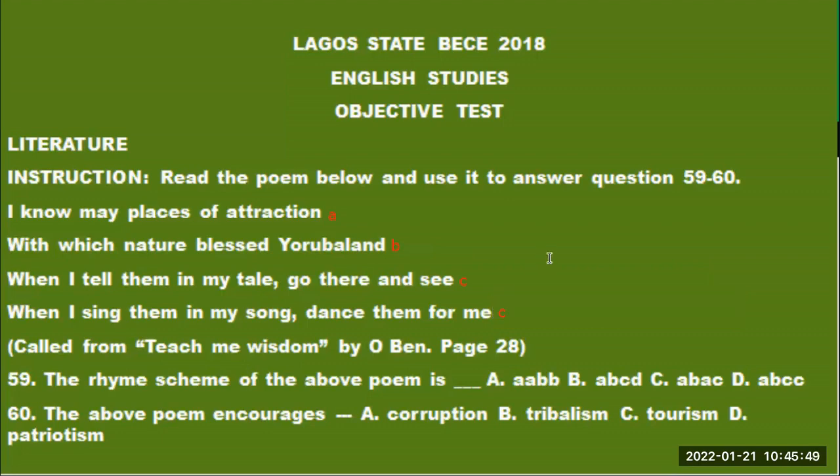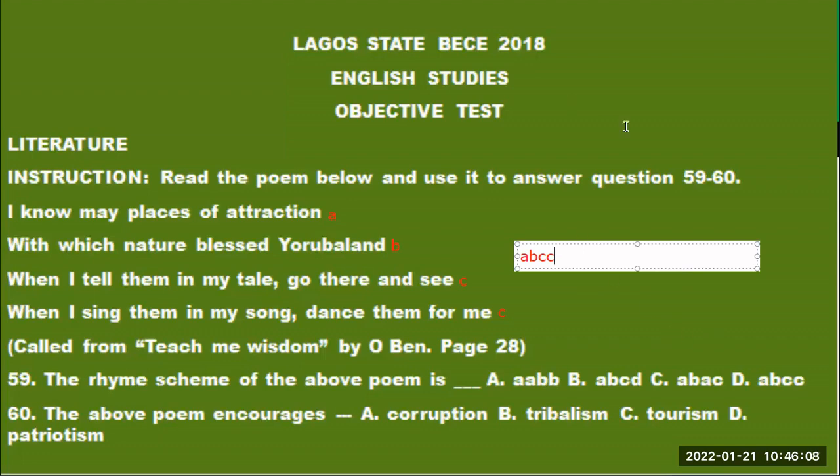So you can see that this is what it gives us, all right? So what we have here is A, B, C, C. That is the rhyme scheme. This is exactly how you analyze a poem and you arrive at the rhyme scheme.